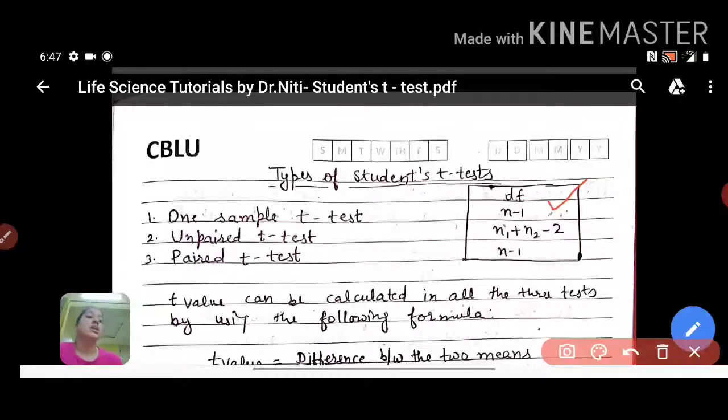So here degrees of freedom can be calculated by the formula n1 plus n2 minus 2. And in the case of paired t-test, you have seen that the sample is single. Just before and after giving a particular treatment, the observations have been taken. So here the number of observations is suppose n, then degrees of freedom can be calculated by the formula n minus 1. That means in the case of one sample t-test and in the case of paired t-test, the formula for degrees of freedom is the same, that is n minus 1.